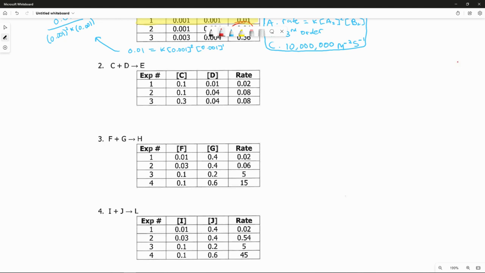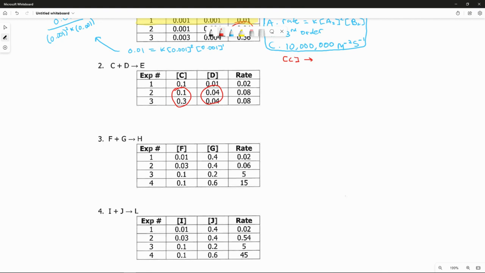So we are given C plus D becomes E. We can ignore this E because of the rule that says that we can only have reactants in our rate law. Let's calculate C first. We want to see what two data points match our criteria. We have to have C that changes and D that remains constant.